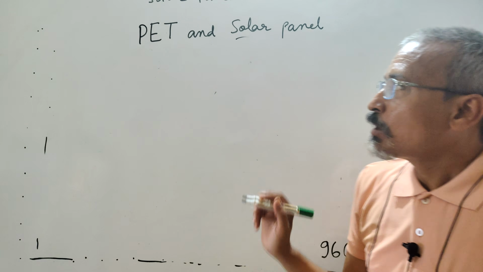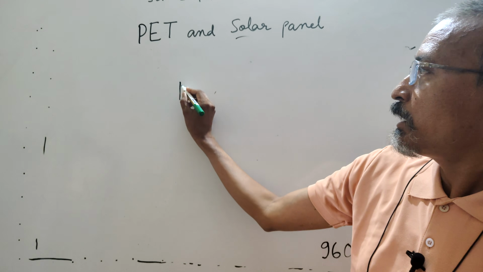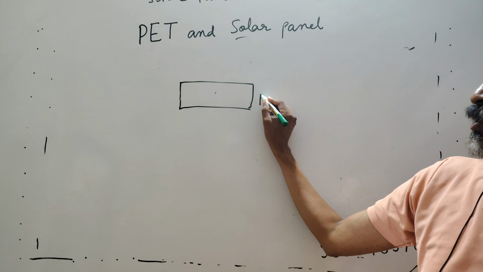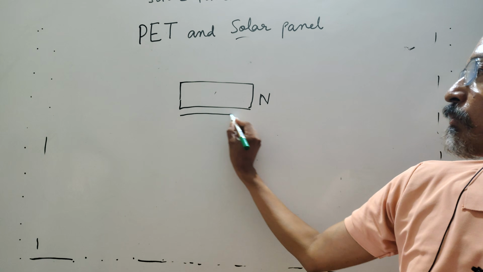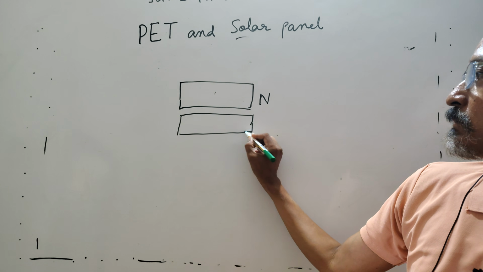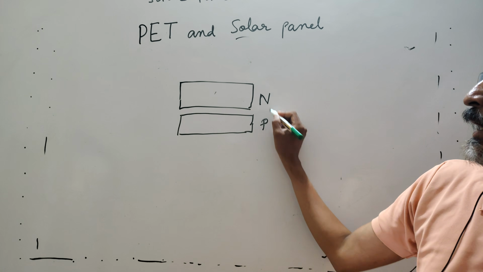Okay, so now what happens, there are two types of silicon. This is p-type and this is n-type.